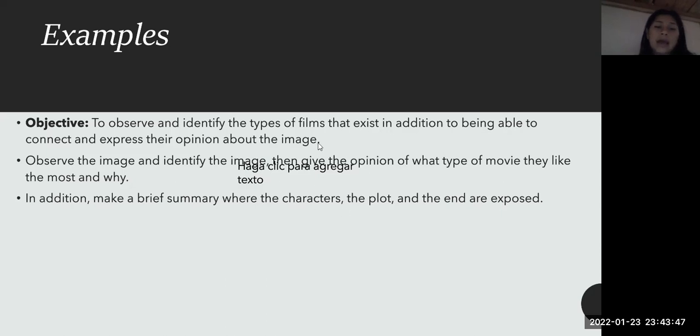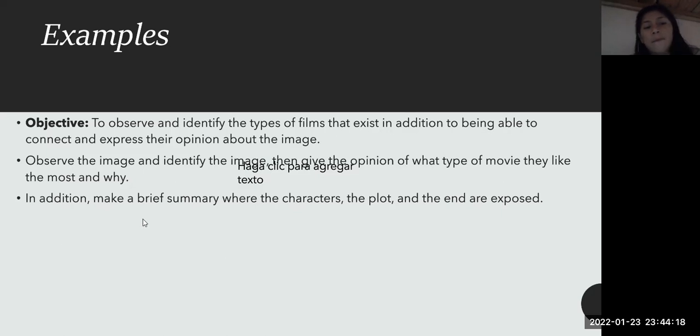Okay, based on this image, identify it and then give the opinion of what type of movie it is, and what type of movie they like most and why.